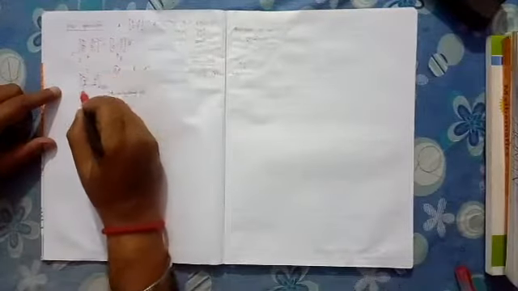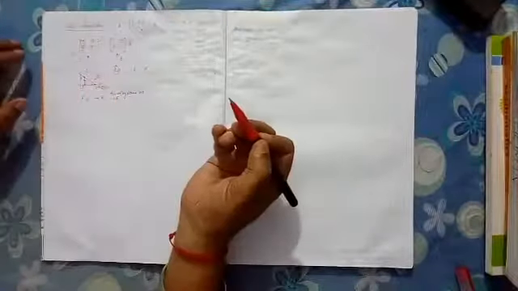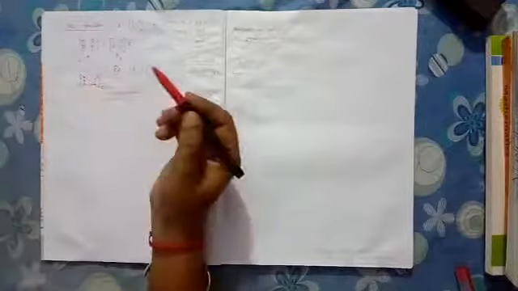Generally to make this 0, this element helps. Suppose this is 1 and here it is 5. So what is R2? 5. The element of R2 is 5. So my R2 is replaced by R2 minus 5 R1. This will be 0.